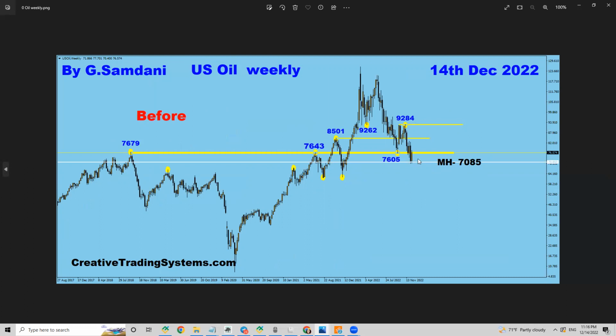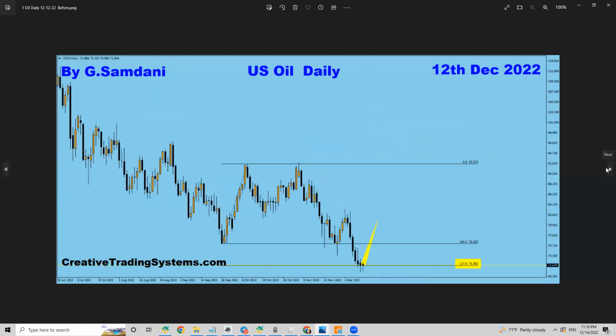So when it was there at 70.85, I made a daily chart on December 12th, which is this. Why I made the chart is because if you pull the Fib from here to here, the extension level of 127 was right there, where it is making a tweezer bottom, inside bottom.